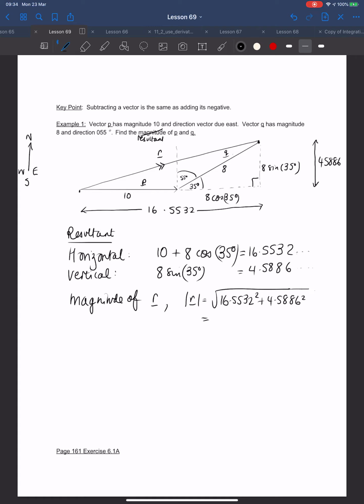Putting that into my calculator, that comes up as 17.2 units, to 1 decimal place.